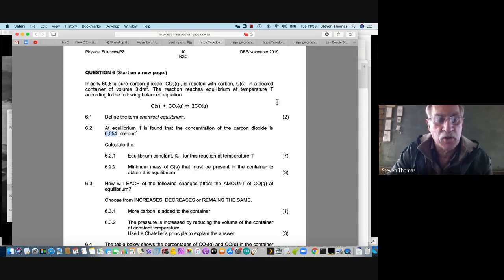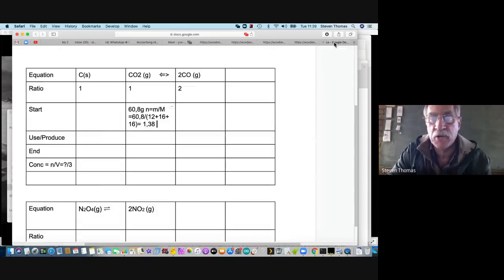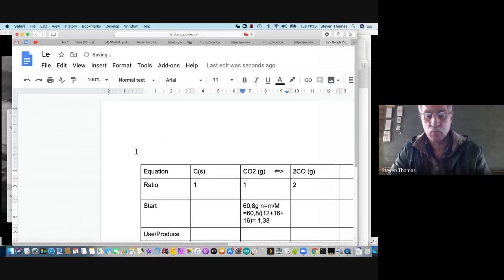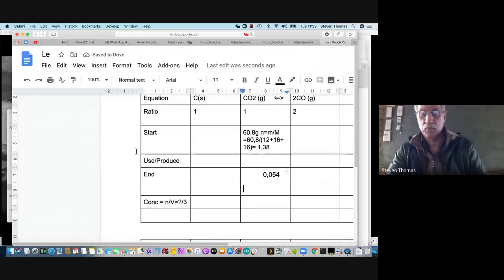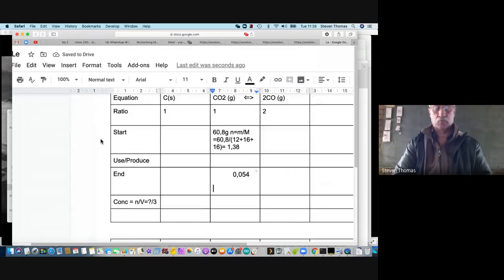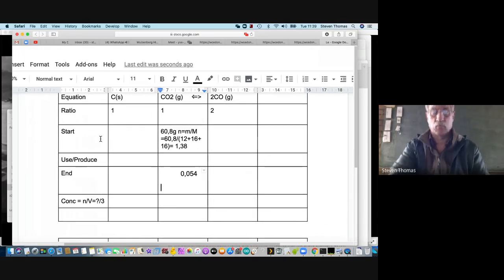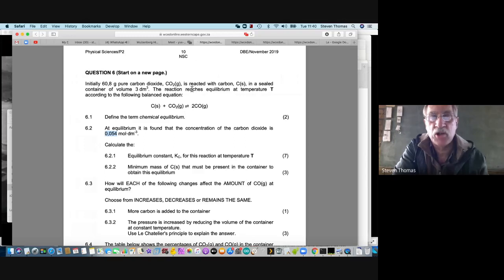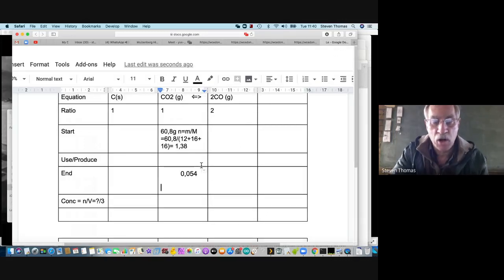Let's go and take 0,054 and put it in the carbon dioxide column at the end. Whoa, what happened there? Okay. Sorry, was that a concentration? Yeah, it's a concentration. So it's in the wrong column.